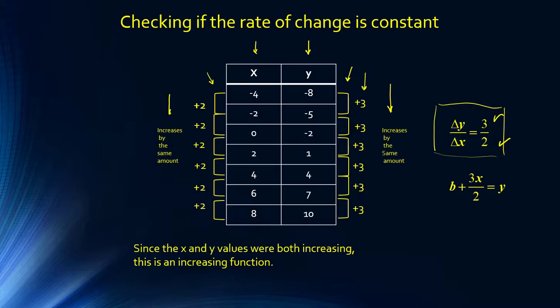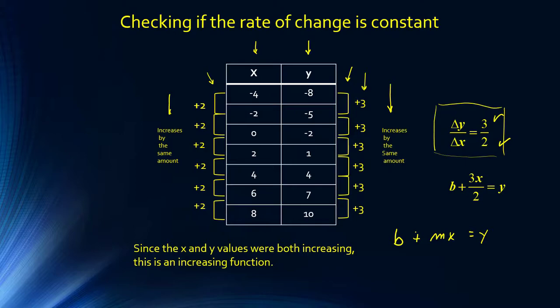At this point, we can put that delta y over delta x into the equation that we had previously, which was b plus mx equals y.